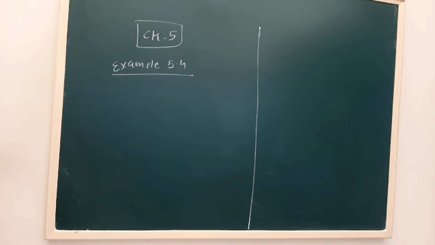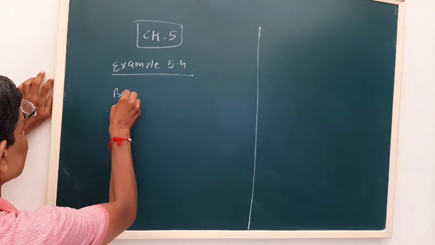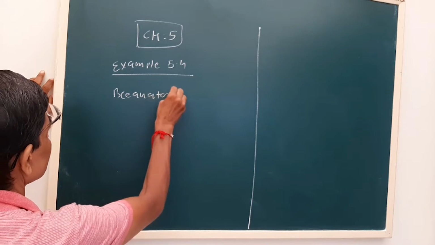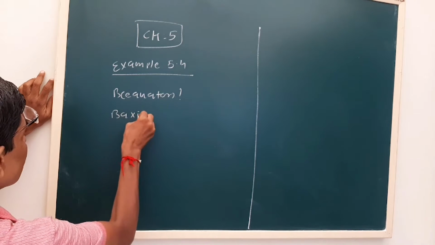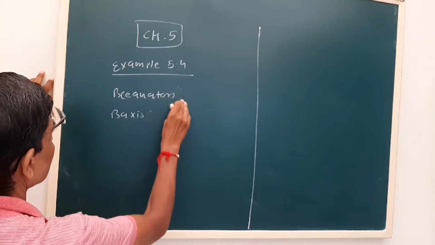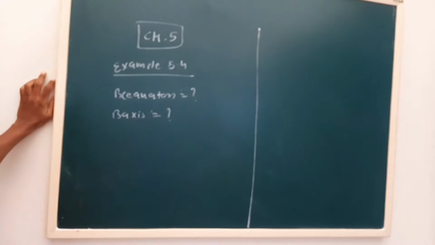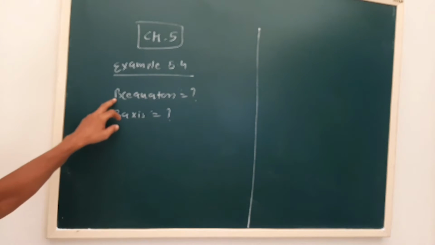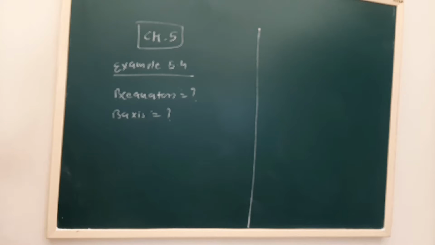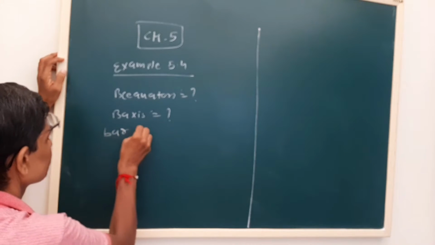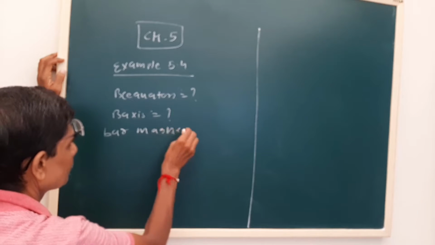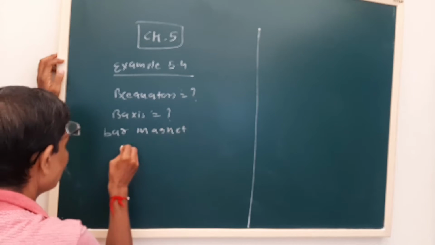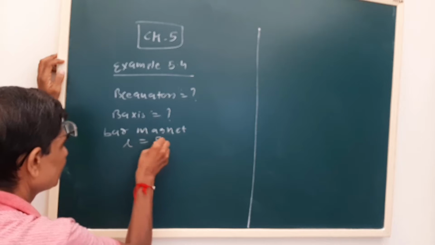The question says, what is the magnitude of the magnetic field on the equator and axis of a bar magnet. We have to find the value of the magnetic field on the equator and axis of a bar magnet. Length is given as 5 centimeter.